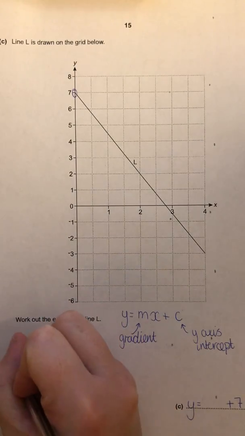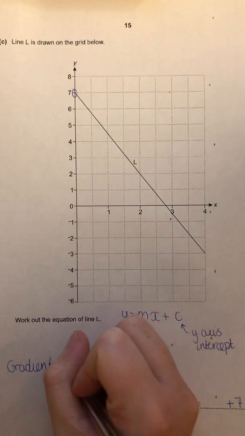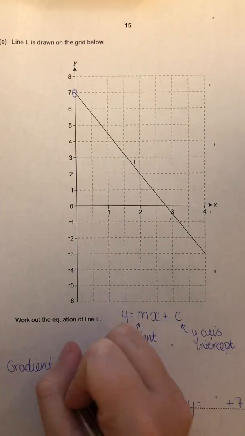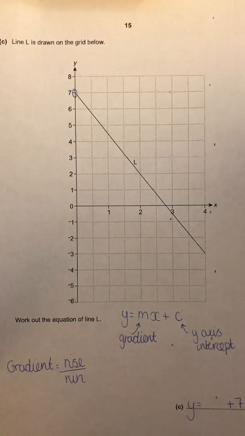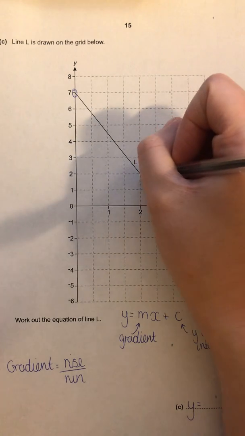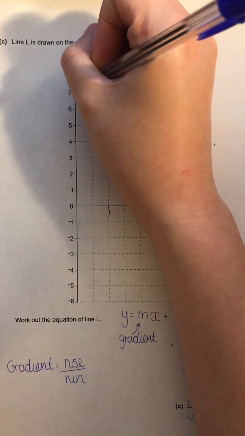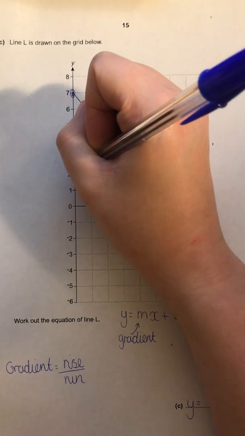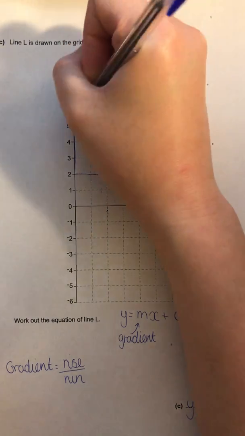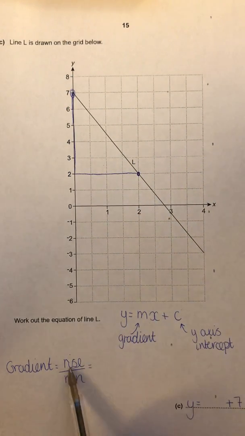To calculate the gradient, we do rise over run. So to do this you've got to pick 2 points on your graph, 2 coordinates, and we're going to connect them up to make a right angle triangle. The first thing I need to do is calculate the rise.